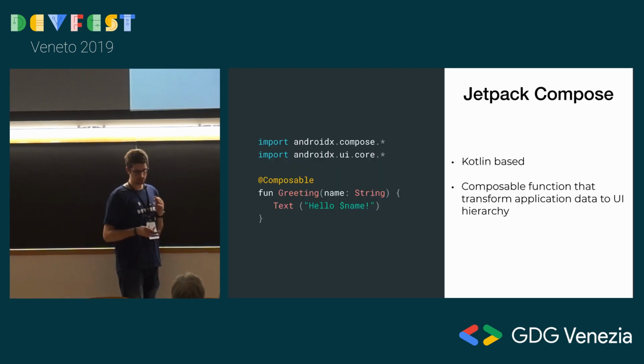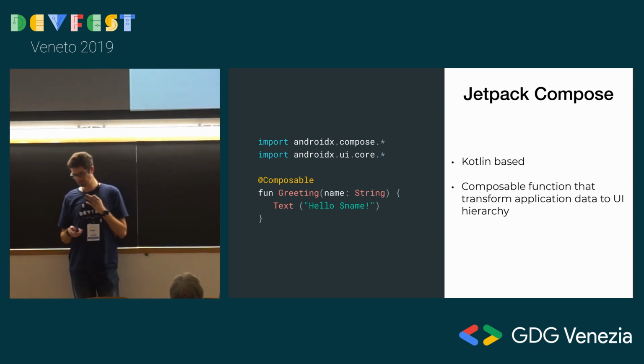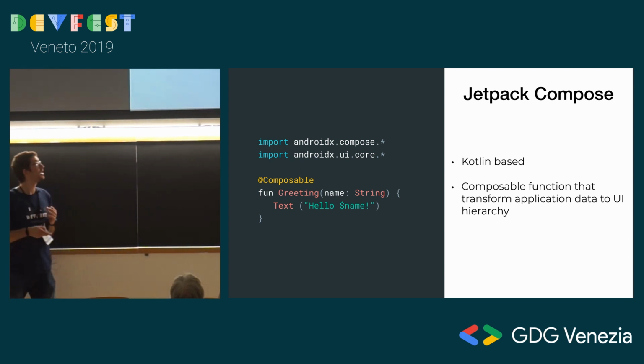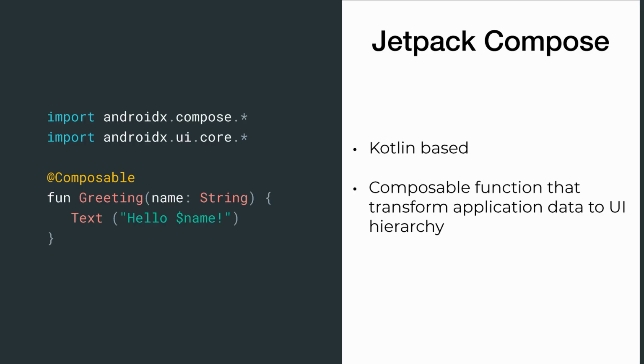Basically, you can define a function in Kotlin, and then this function will be converted into a UI hierarchy. So, for example, in this case, a text widget will be built showing this name, and every time this name changes, the UI changes too.